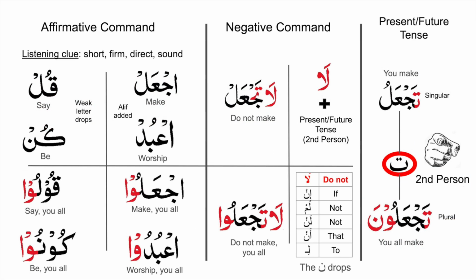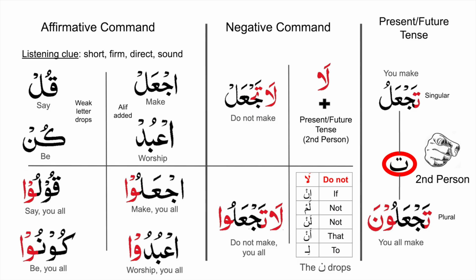For your reference, and for ease of review, here are both command patterns together on one slide. On the right, we begin with the second person present/future forms, because that is the base for commands.